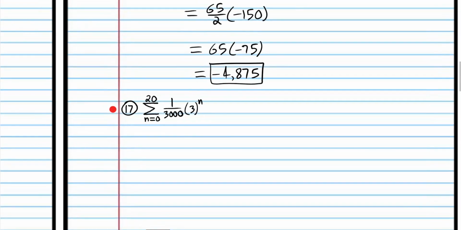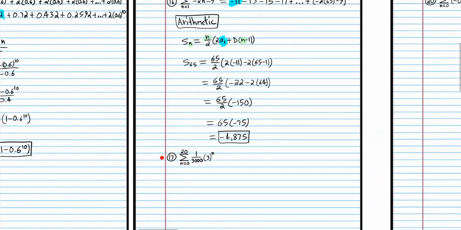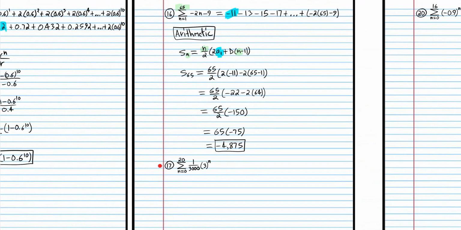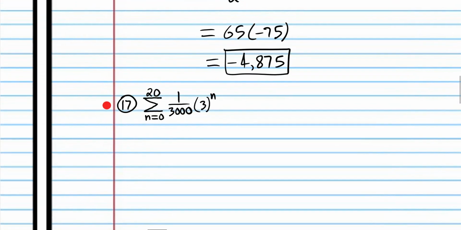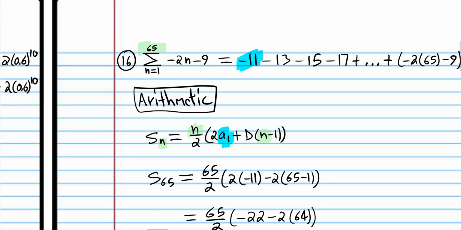Okay, so now we're going to go to a slightly different variation of these problems. In all the previous problems, the lower bound was always n equals 1.